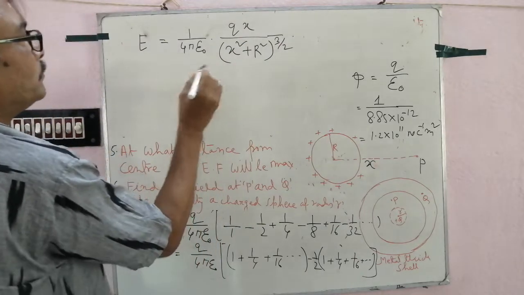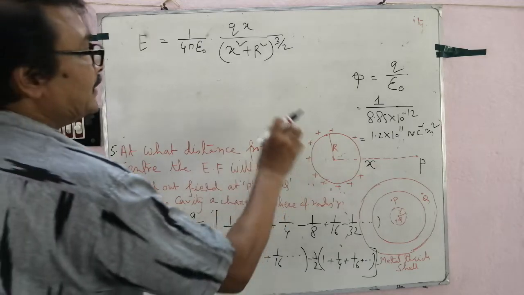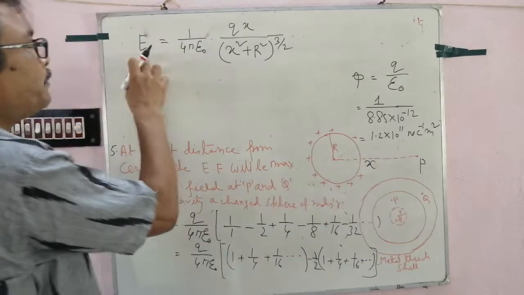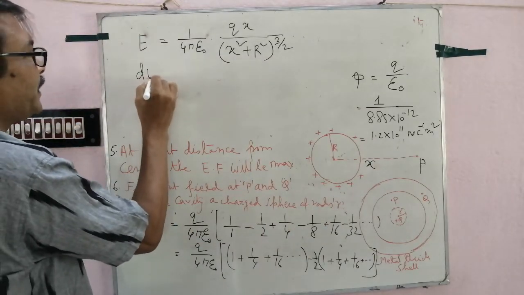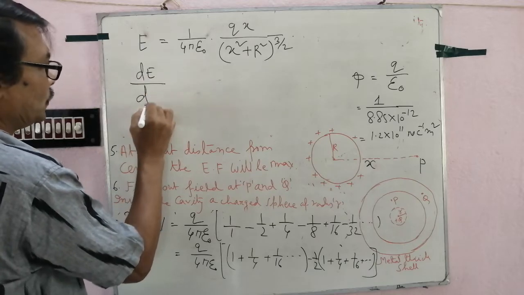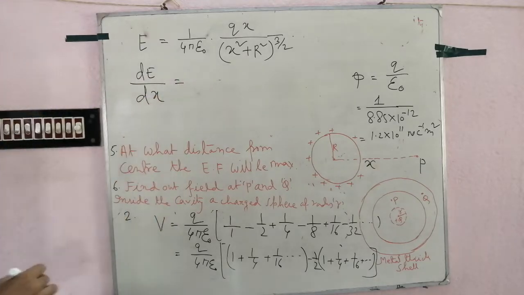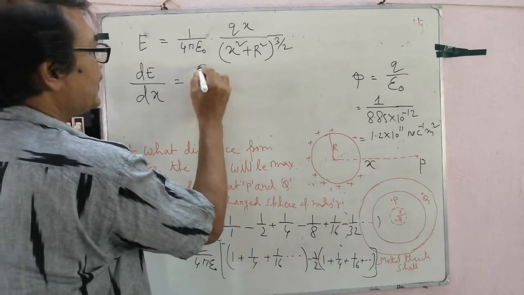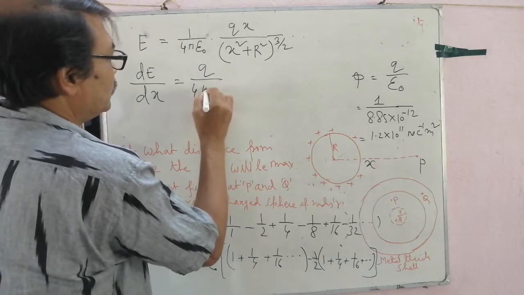Okay, electric field maximum. Now if we differentiate the electric field with respect to x, what will we get? Very simple differential equation.